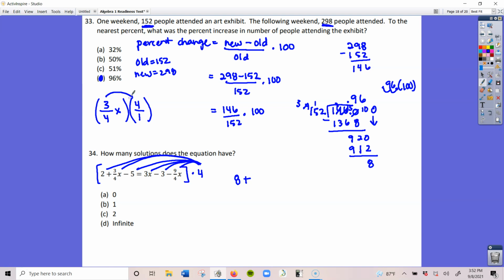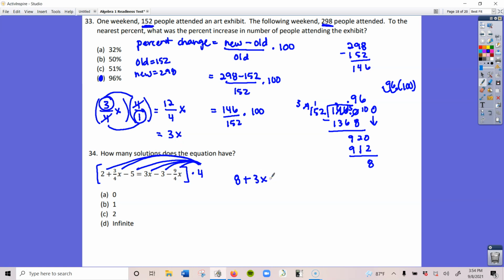You multiply numerator with numerator, denominator with denominator. 3 times 4 is 12, and 4 times 1 is 4. And of course we have the x. And 12 divided by 4 is 3x. Another trick is if you ever have fractions that you're multiplying and the diagonal is the same number, they cancel. And see, we're left with 3 over 1, which is 3.